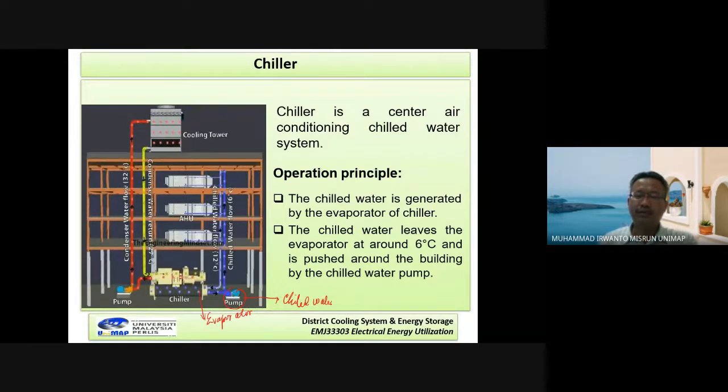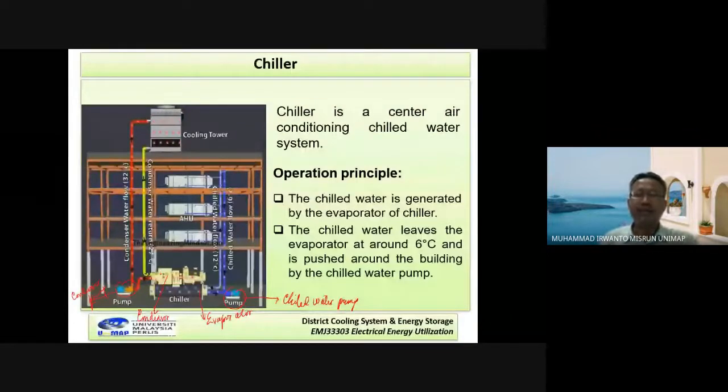Then here we have the condenser, and one pump near the condenser, which we can call the condenser pump.